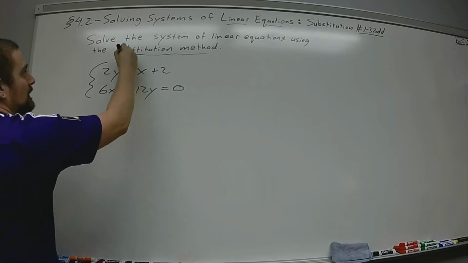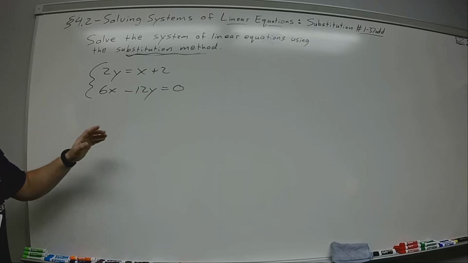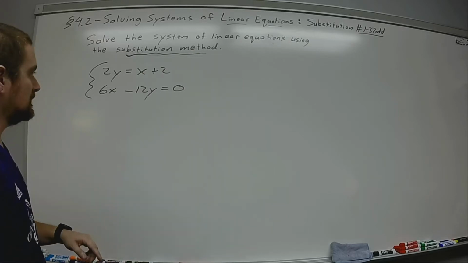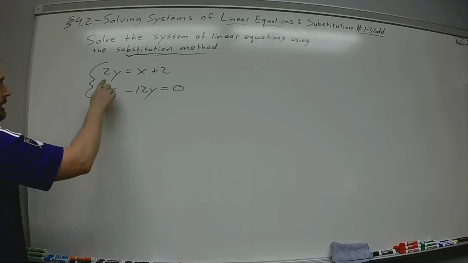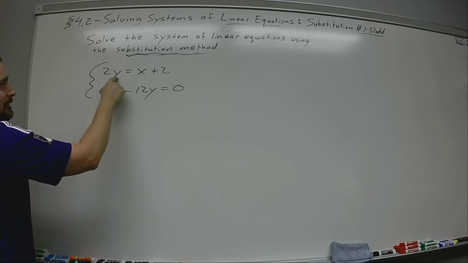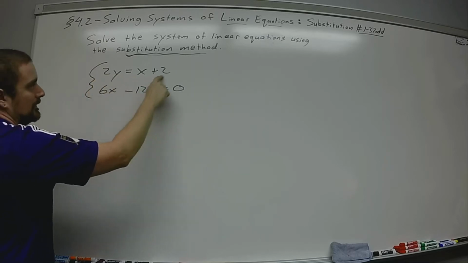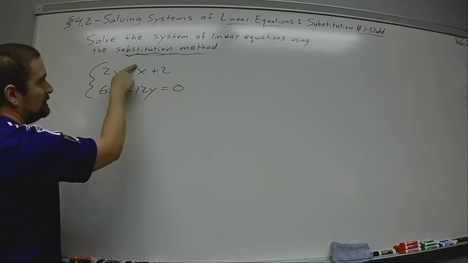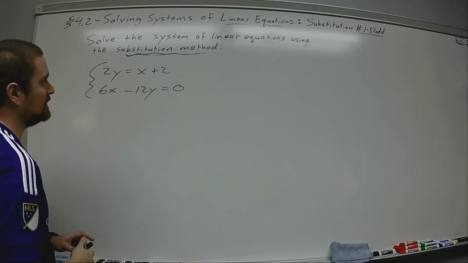So again, we want to try and use this substitution method. If I look at this and try to pick something to solve for so that I can then make a substitution, if I say in the first equation, I want to solve for y, and I divide by 2 on the left and the right, notice I'll generate a fraction in front of the x. That might not be the best way to go with it.